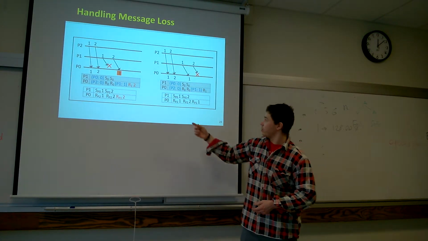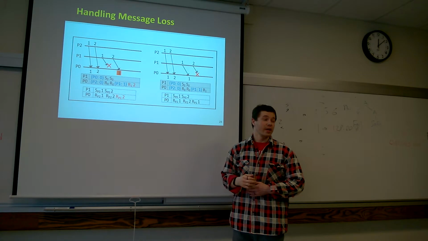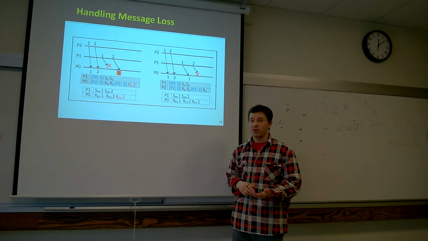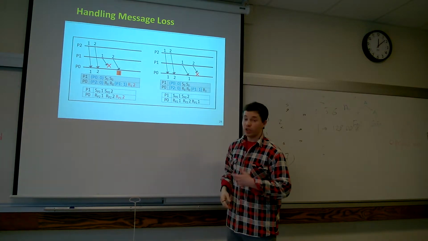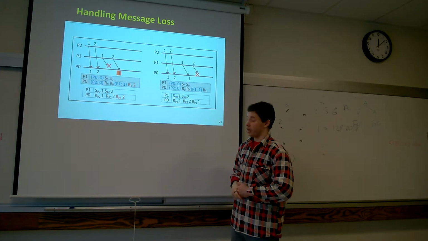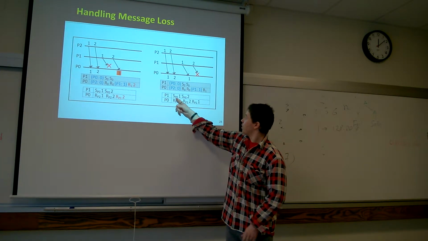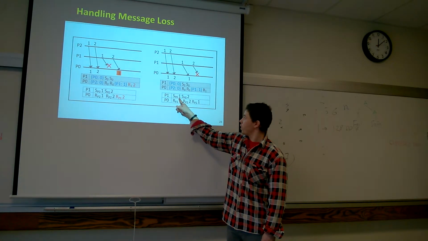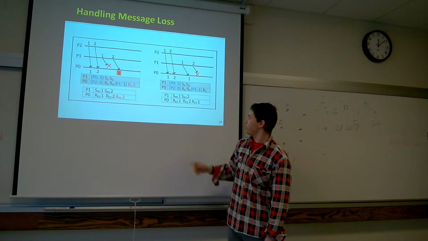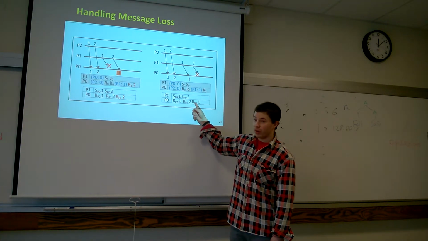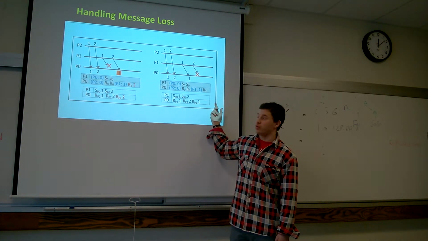Now, to understand whether we received a message or not, and which message we haven't received, consider this: P1 sent messages 1 and 2. On P0, what do we get? We received only message 1 from P1. We never received message 2.